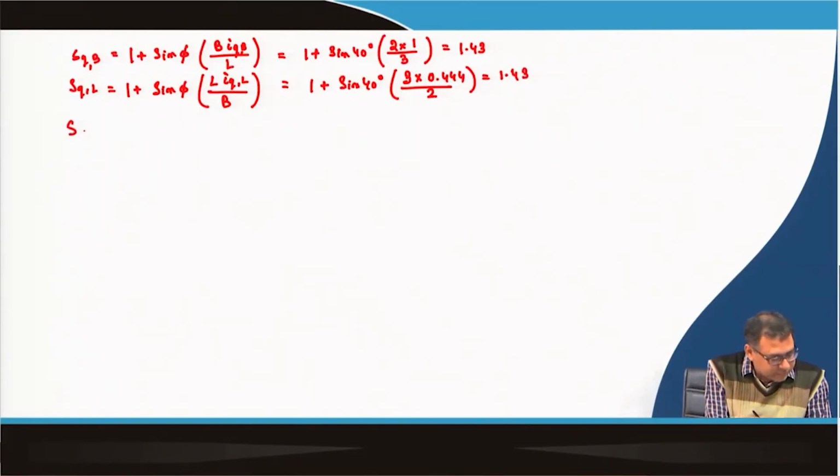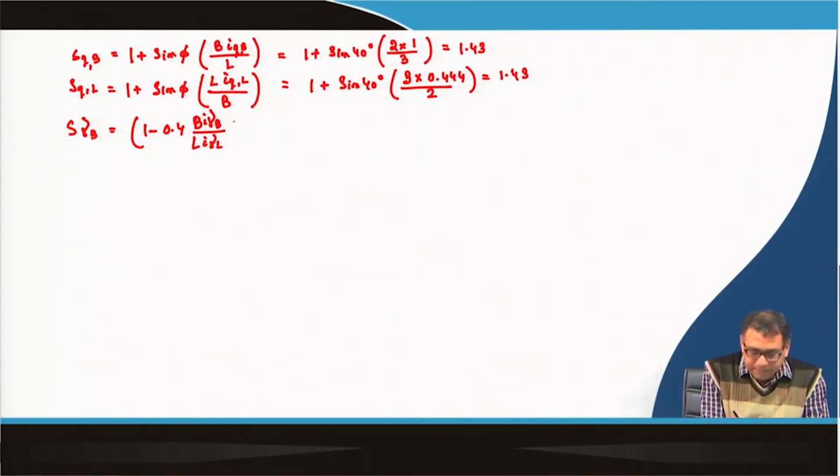Now, S gamma B is equal to 1 minus 0.4 times B i gamma B divided by L i gamma L. And that should be greater than or equal to 0.6.